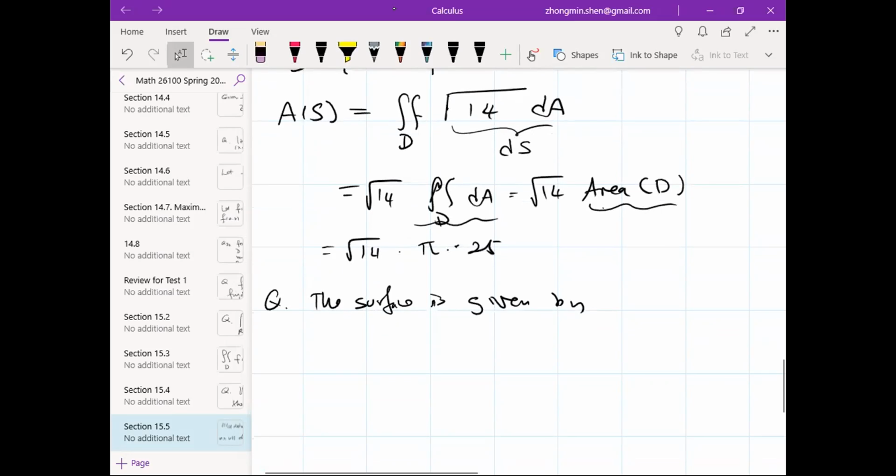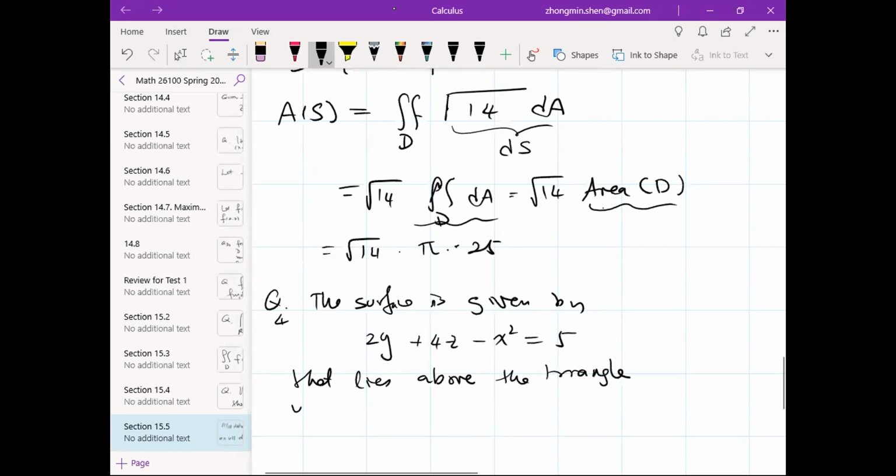Okay, so this is problem number 4 from the book. The surface is given by 2y plus 4z minus x squared equals 5, and that lies above the triangle with vertices (0, 0), (2, 0), and (2, 4).